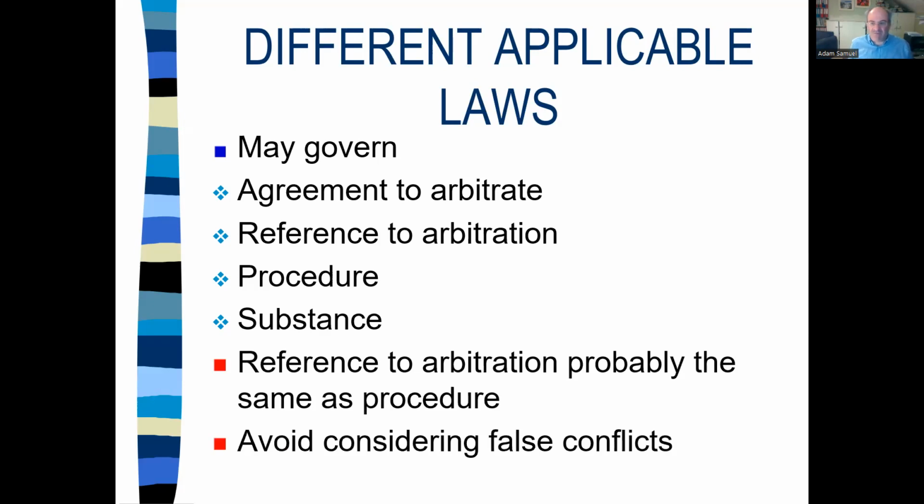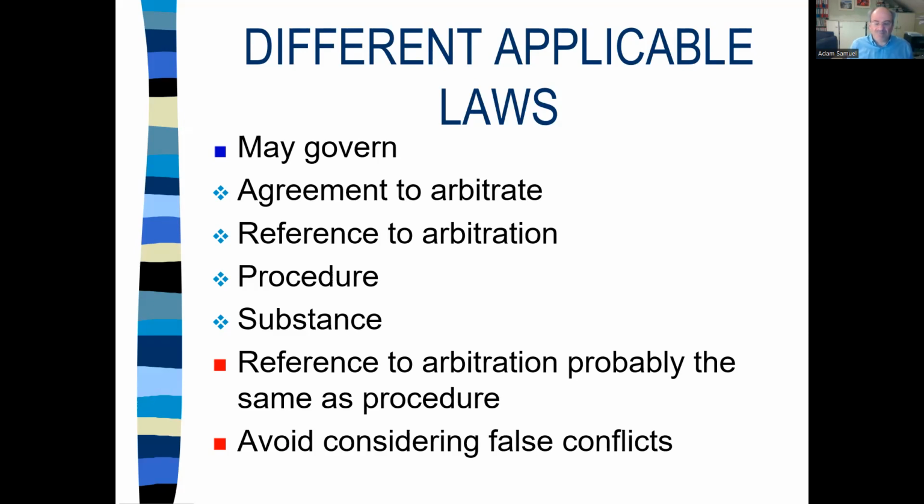One last thing you should consider is whether you've got a false conflict. There are plenty of cases where great effort has gone into by parties and arbitrators to decide which law is applicable, only for everybody to discover that the rules are identical between two of the contending applicable laws. This is pretty pointless, and false conflict should be avoided at all costs.